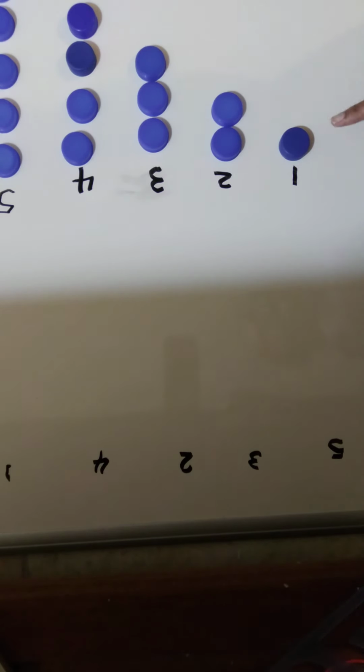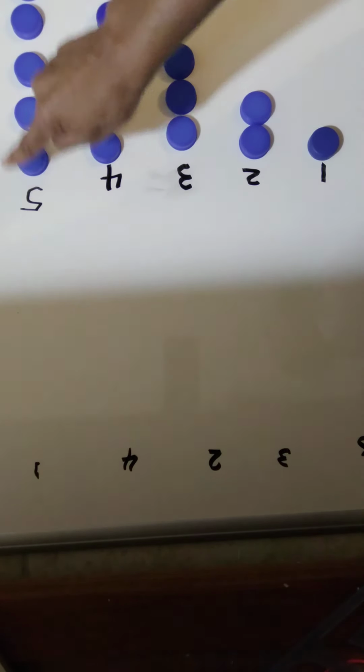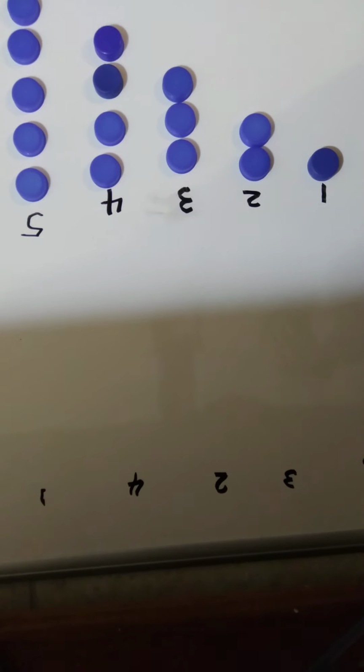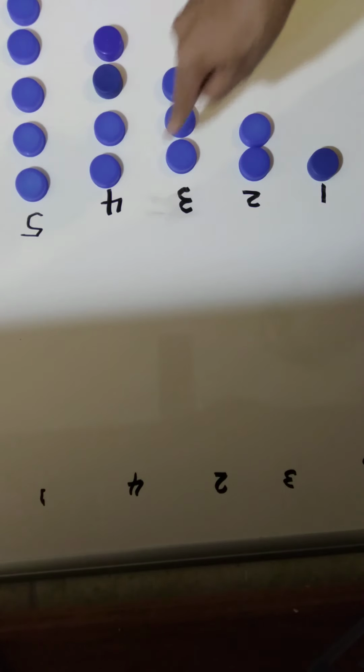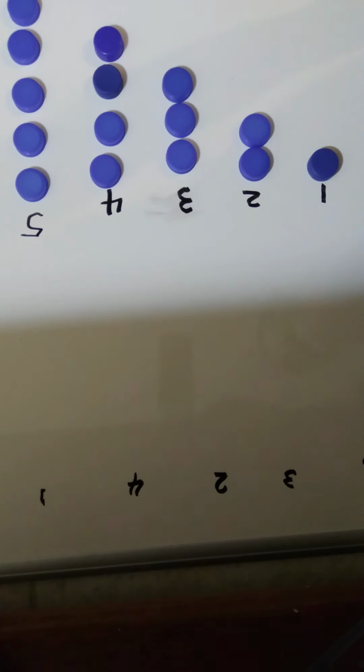So we went from the smallest to the largest, the one with the most counters. From the smallest, so 1 is the smallest, then comes 2, then comes 3, then comes 4, then comes 5. And as you count, the numbers get bigger. They have more things in them, right?